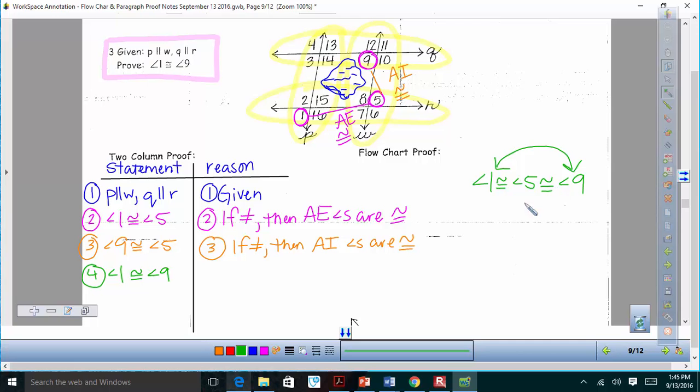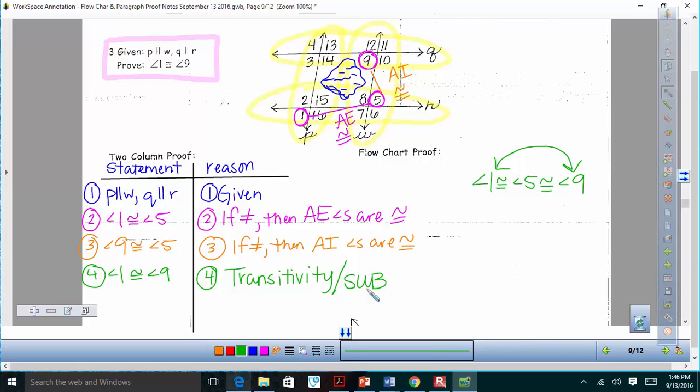Yes, okay. So what is that reasoning behind that? What's it called? Transitivity. You could use substitution if you wanted, okay? We could take 1, substitute it in for 5, and 1 would equal 9. So either way, I will take those answers.